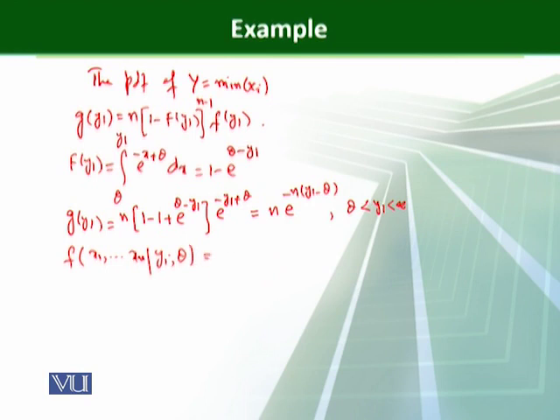That is the product, i varies from 1 to n, of f of xi given theta, over g of y1. Since g of y1 is a sub part of this, when we write it we get f of xi given theta, and the large portion is what remains.